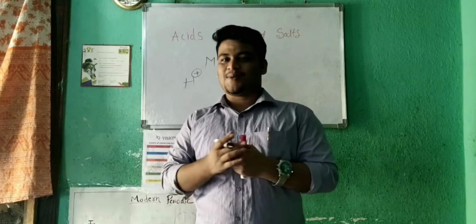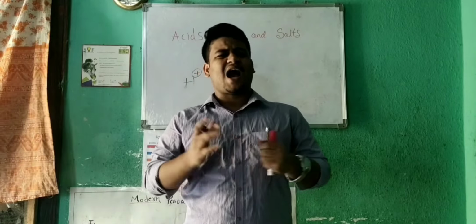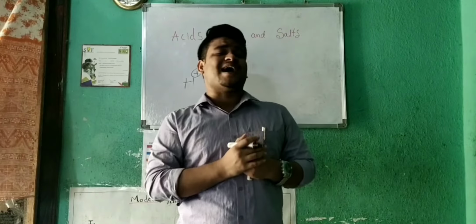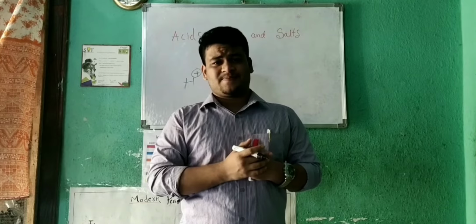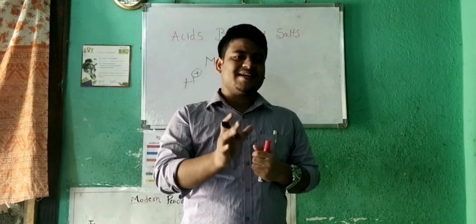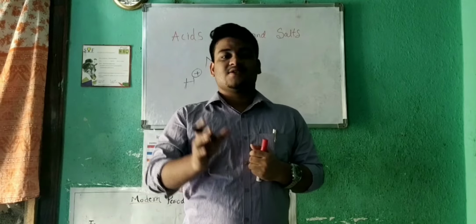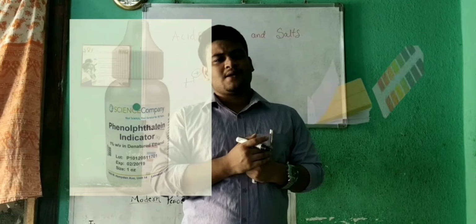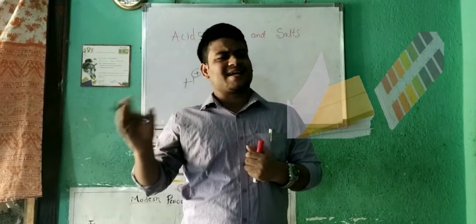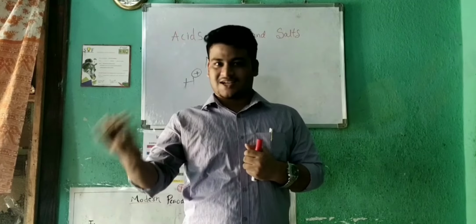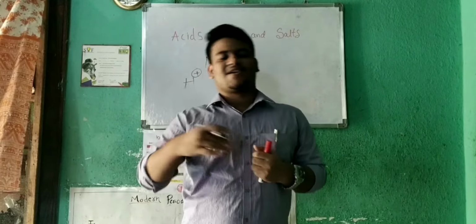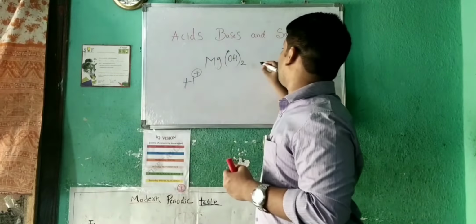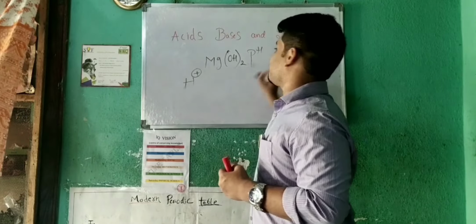So guys, let's know about acids and how they can be identified. For identifying an acid or a base, we use indicators such as phenolphthalein, litmus paper, etc. Those are indicators to test whether the compound is an acid or a base. To know it, we have the pH scale.